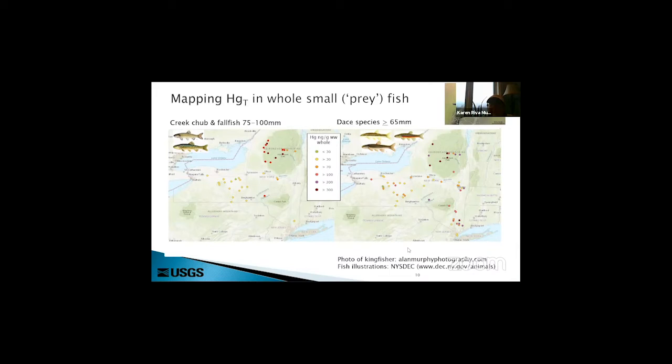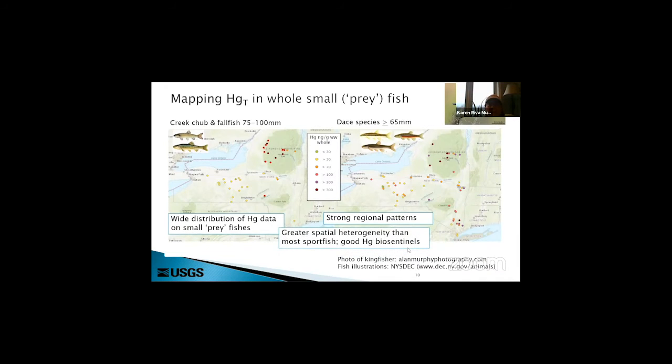But basically what we can see here is, first of all, we've got a nice wide distribution of mercury data in these small fishes, widely distributed across the state. We see some really strong regional patterns, again, with those higher concentrations in the Adirondacks and in some other highlands areas. And again, greater spatial heterogeneity than most of the sport fish, suggesting that these small fish would be good mercury biosentinels.